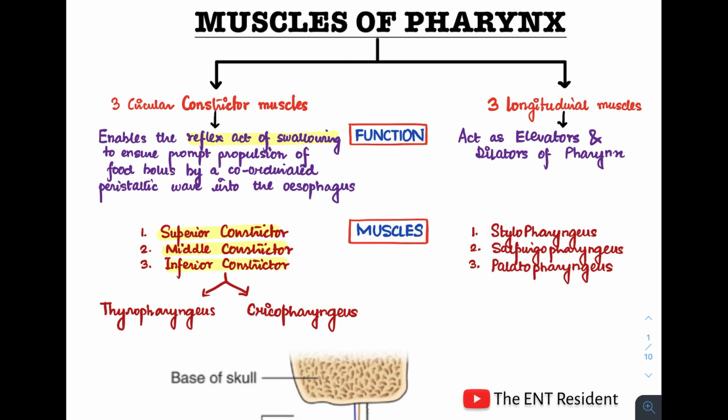And this inferior constrictor in turn can be divided into 2 parts, which are Thyropharyngeus and Cricopharyngeus. Next, the 3 longitudinal muscles: their function is basically to act as elevators and dilators of the pharynx. This also has 3 muscles, which are the Stylopharyngeus, the Salpingopharyngeus and the Palatopharyngeus.